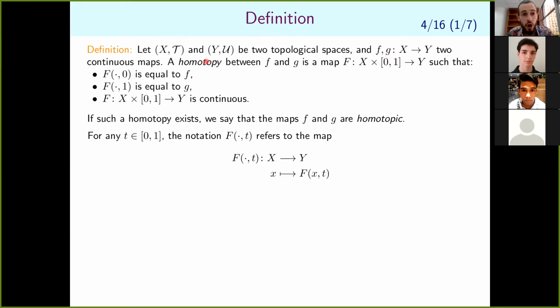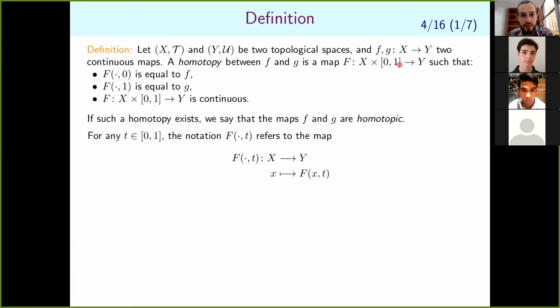I define a homotopy between f and g as a map F, big F, from X times the interval [0,1], the product of X and [0,1], onto Y, such that I have three conditions. F dot 0 is equal to f. When I say F dot 0, it means that the second argument of the function is fixed and equal to 0.